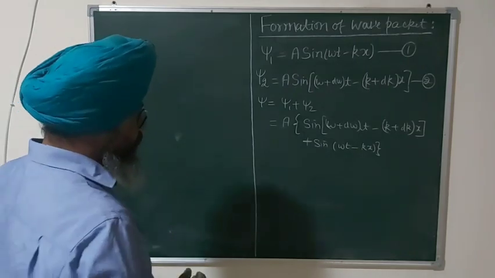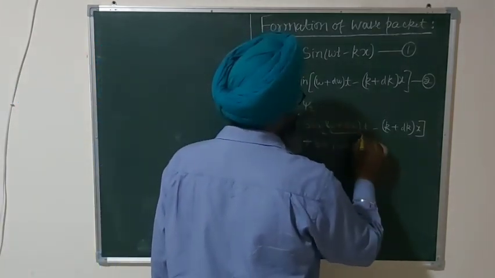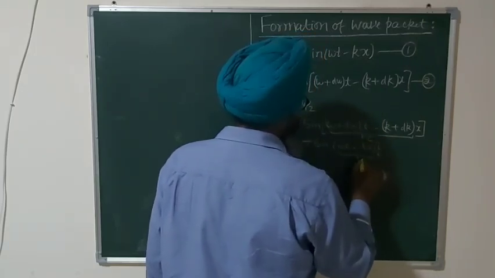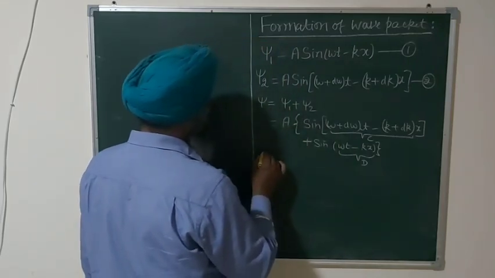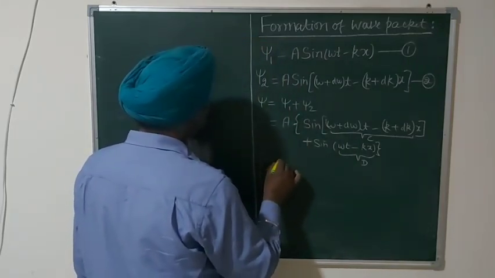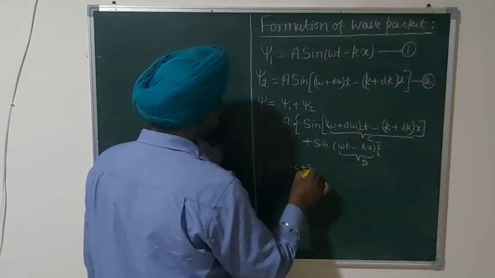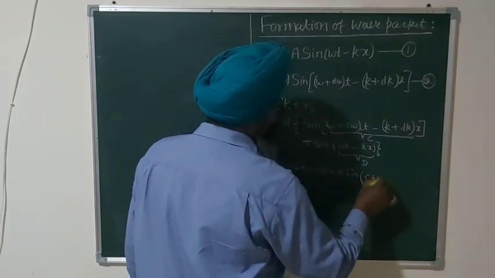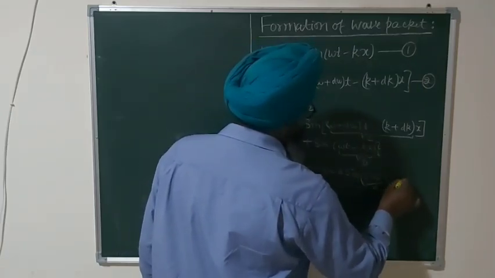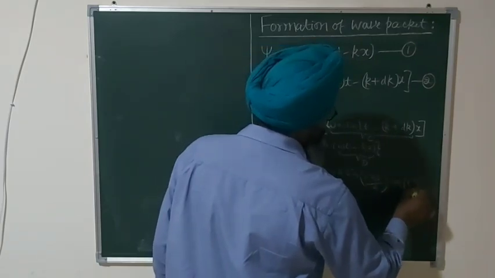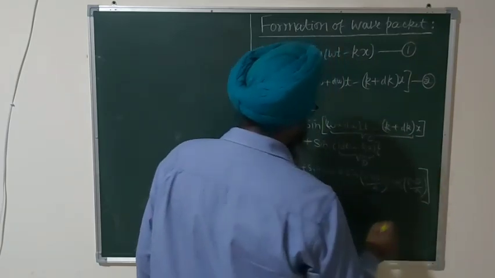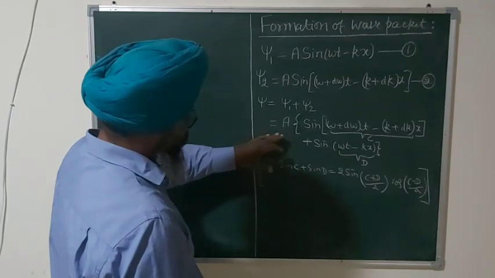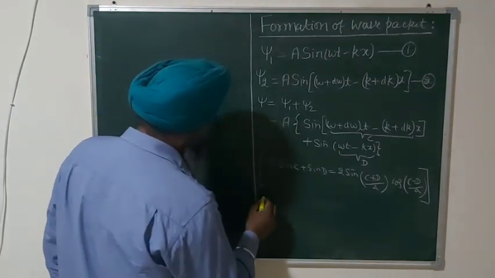This, when added, if I assume that this angle is C and this angle is D, then we know that sine C plus sine D is equal to 2 sine of (C plus D) by 2 times cos of (C minus D) by 2. If I use this standard expression of trigonometry, then this equation simplifies as follows.